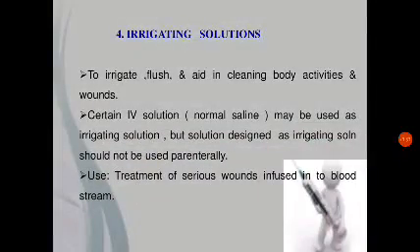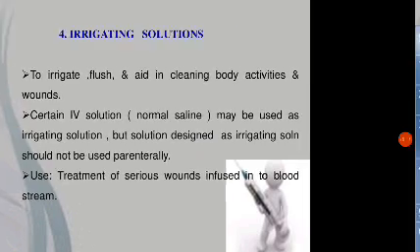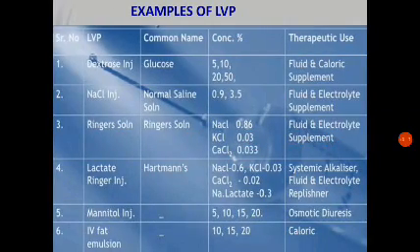Then irrigating solutions are used to flush or aid the cleaning of body cavities and wounds during dressing procedures, and sterile normal saline solutions are used parenterally during open surgical procedures. So these are the various types of LVPs which are commonly in use and their purpose.